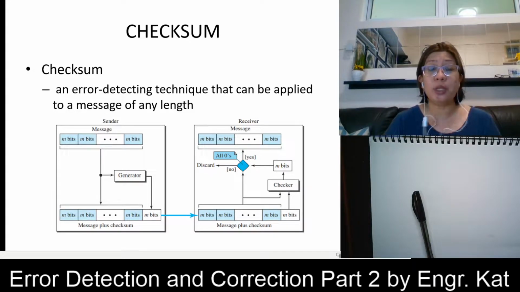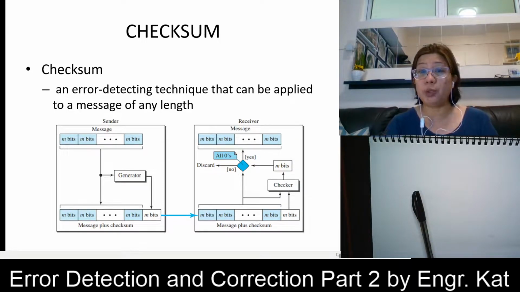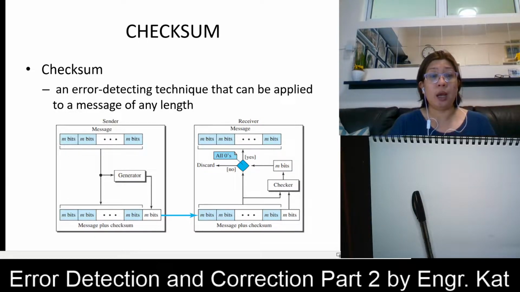The generator then creates an extra m-bit unit called the checksum. Your m bits must be of the same length as your other messages. That extra m bits generated by your generator is what we call the checksum.